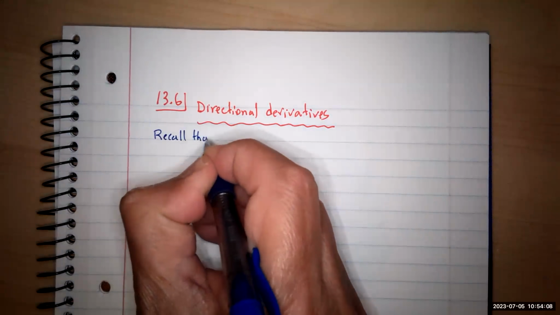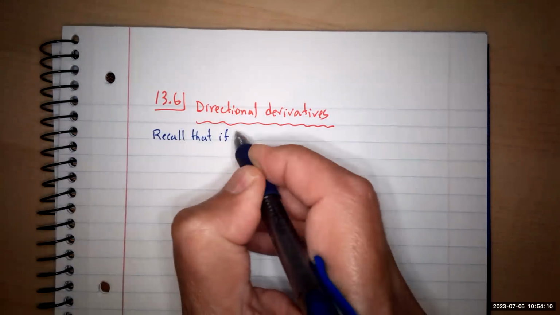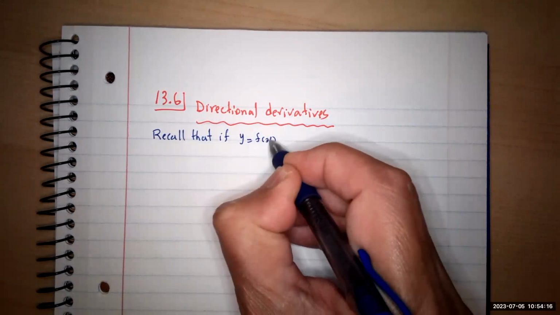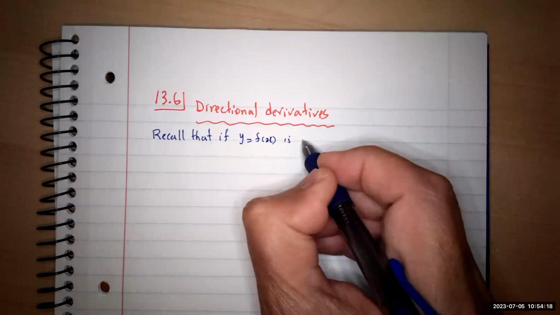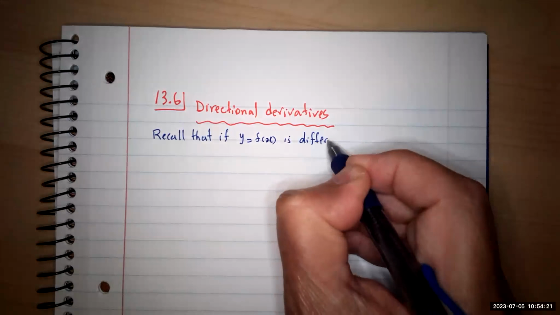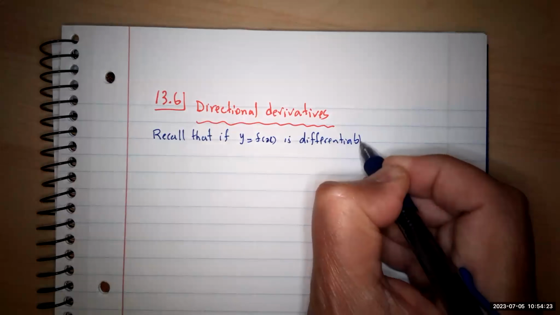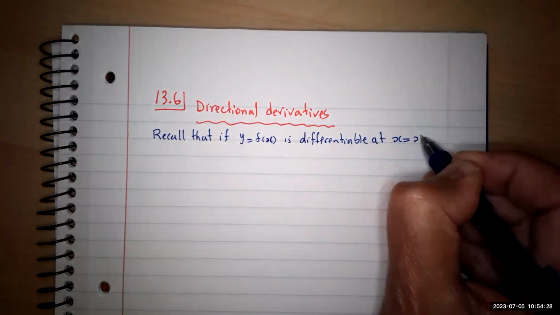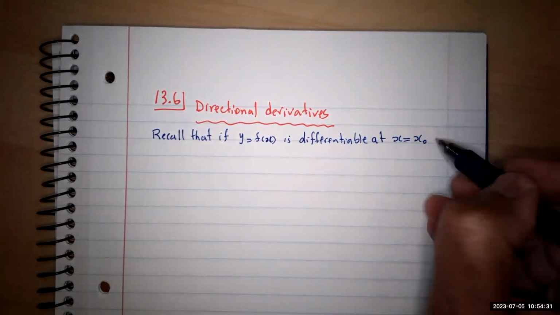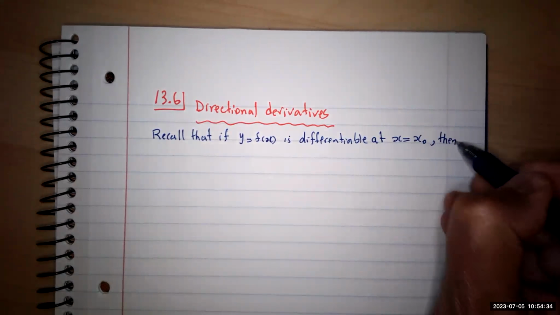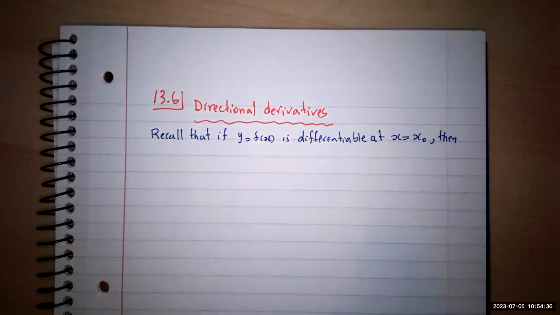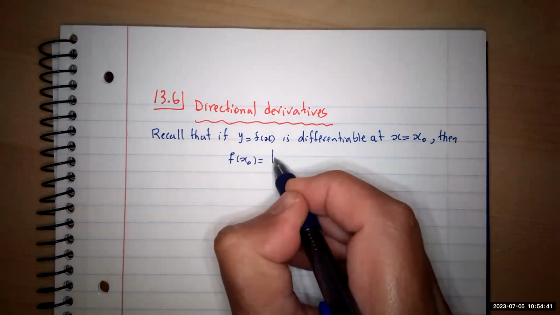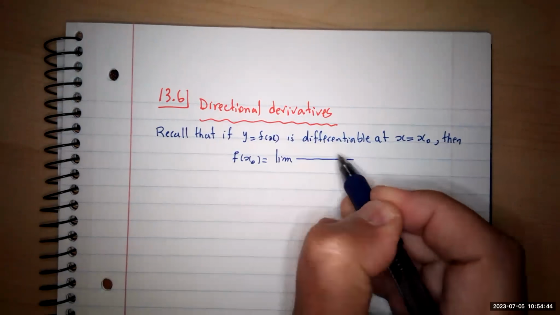Recall that if the function y equal to f of x is differentiable at x equal to x0, then the definition that we can use, we call it the rate of change format of the derivative of the function, is this one from calculus 1. f prime of x0 is equal to the limit of, okay, rate of change.